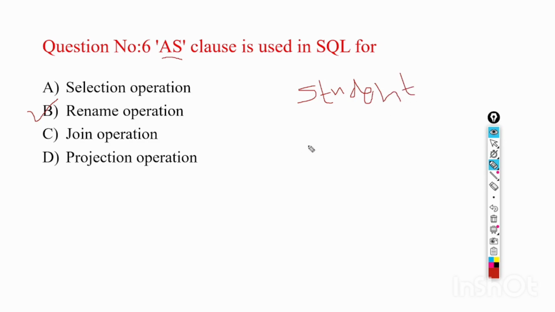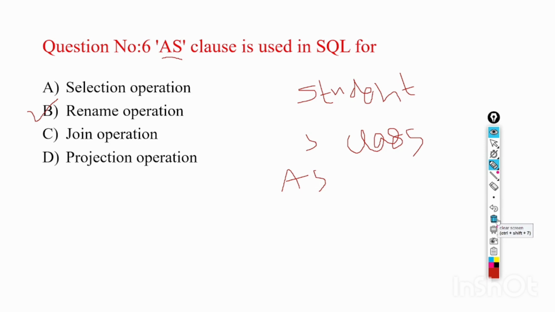The AS clause in SQL is used for renaming tables or columns temporarily. Okay? The AS is nothing but the rename operation. This is used for renaming the tables or columns temporarily, not permanently.